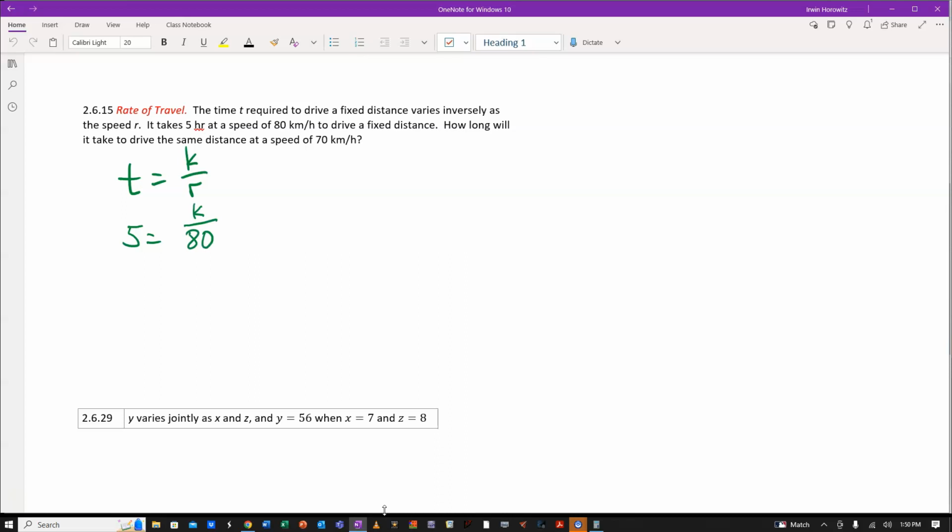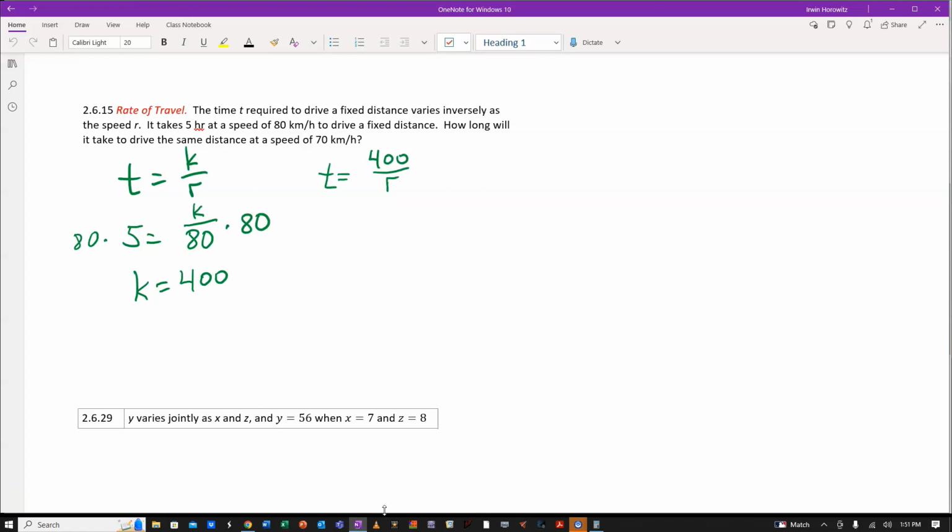And so we express that as 5 equals k divided by 80. We multiply both sides by 80, and we get that the constant k is going to equal 400. So our equation, therefore, is actually t equals 400 divided by r.